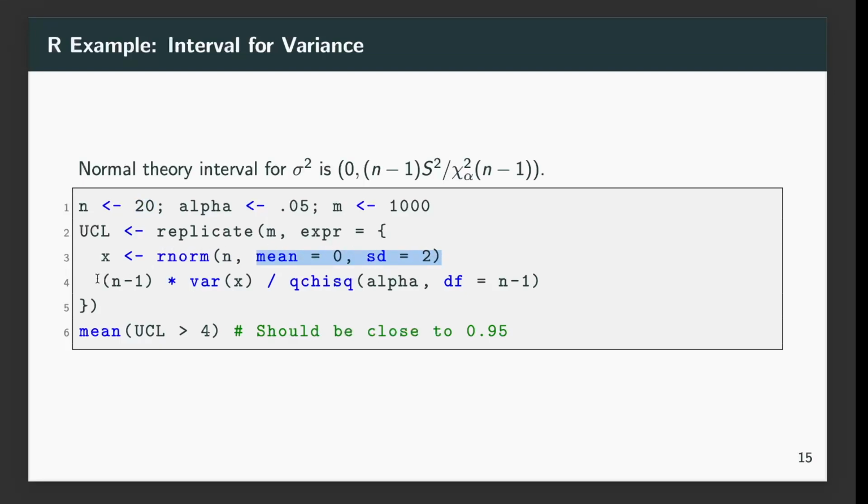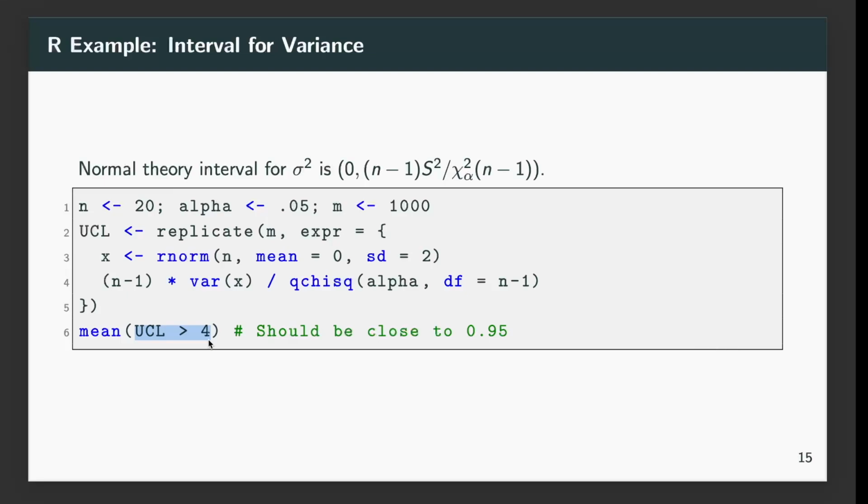And then after that we compute this part. And then we compute the mean of whether the UCL is larger than 4, which is what proportion of the time our upper bound exceeds the true variance of 4.